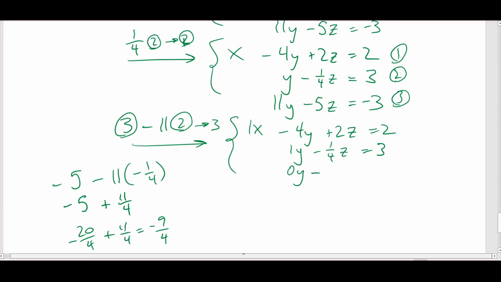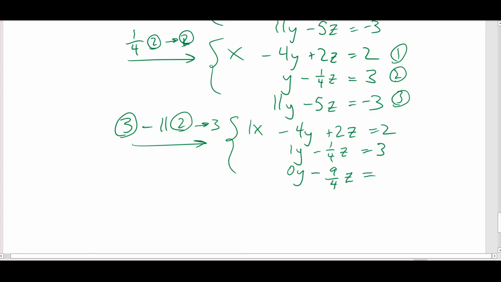Okay, and we can write that in. So we got minus 9/4 times z equal, and then we want to do a little bit of scratch work to find that constant. So now we're doing the constant. We've got -3 minus 11 times 3.